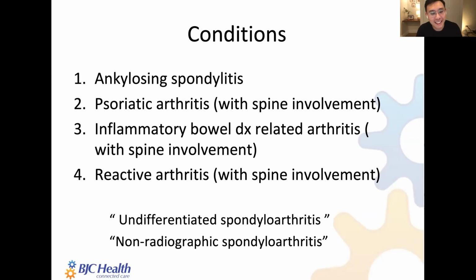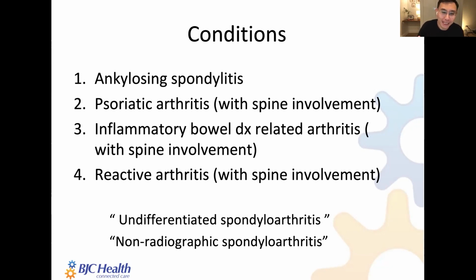Now, lastly, reactive arthritis is a condition when you catch an infection either in the urine or in the bowel with certain bacteria, and your body responds by making antibodies. Unfortunately, that results in joint inflammation, tendon inflammation, or spine inflammation. Then there are patients who don't fit in the big 4s.